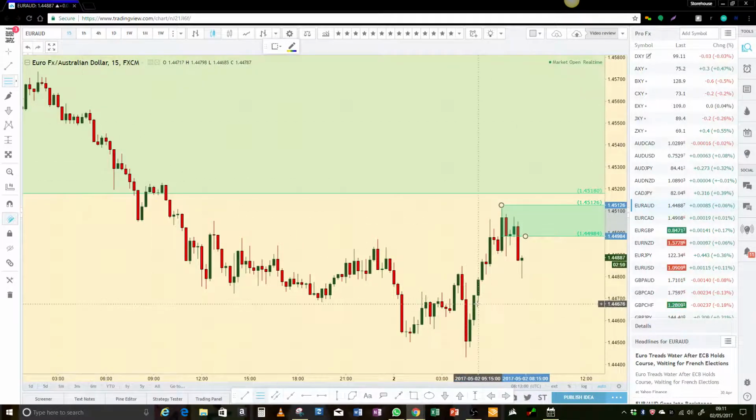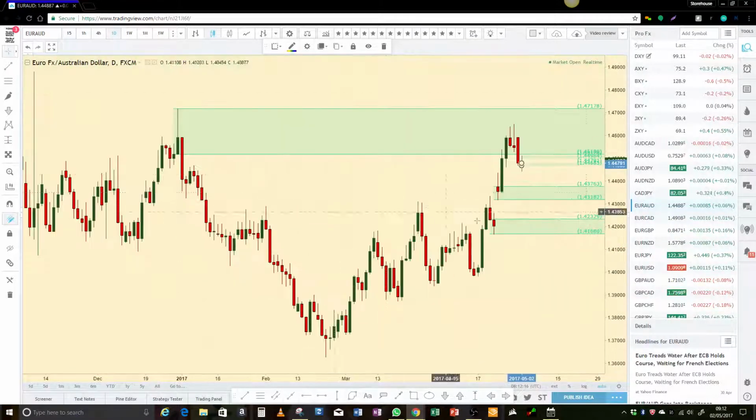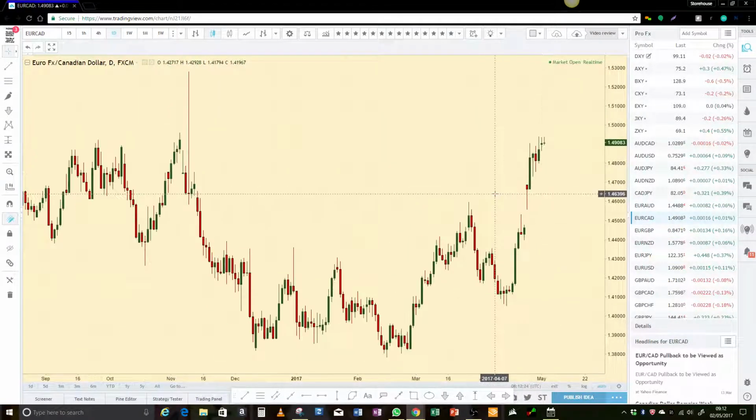You can see it's this McGregor zone that is holding it up. So maybe here for the Euro Aussie for a potential quick income trade, given what the daily is doing. Again, the daily is in an uptrend, so I'm going to be treating that accordingly as well.